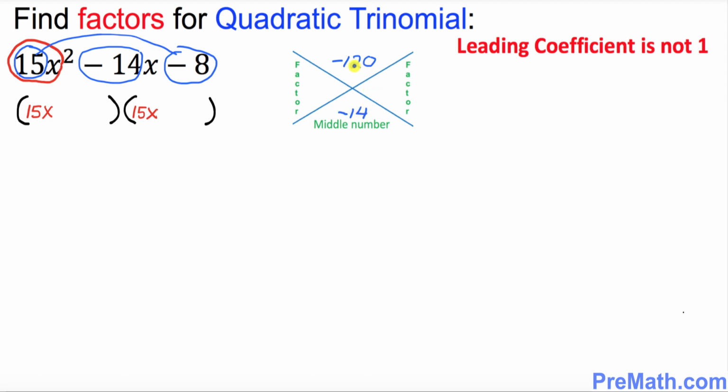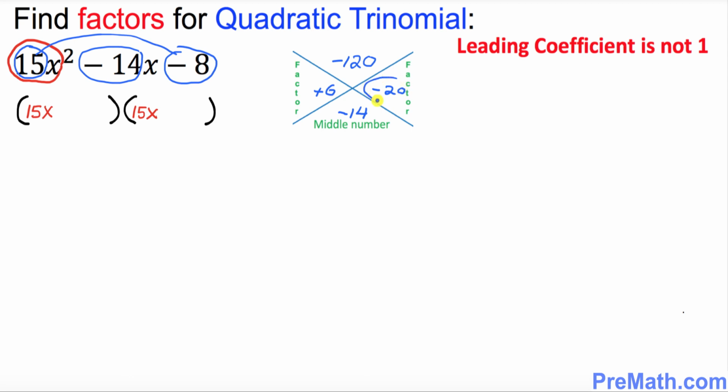Now our next step is I want you to find two factors of negative 120 that, if you add them, you should get negative 14. So obviously those two numbers are positive 6 and negative 20.